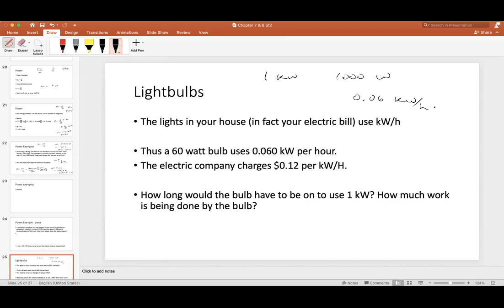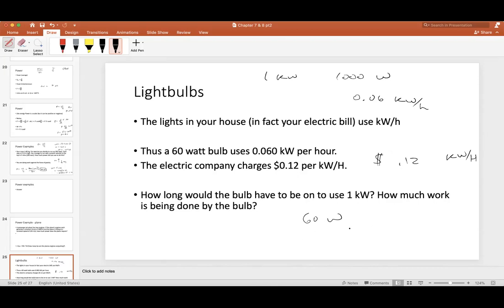Essentially, after an hour, we've used 60 watts. And what I want to know is, if the electric company charges you 0.12, so 12 cents, per kilowatt hour, how long would you have to leave the bulb on to use up 1 kilowatt? It uses 60 watts.